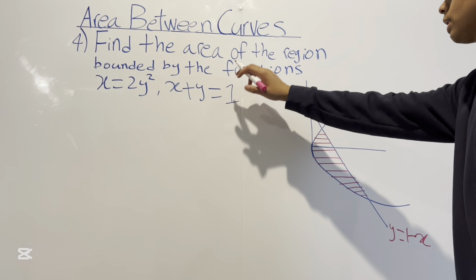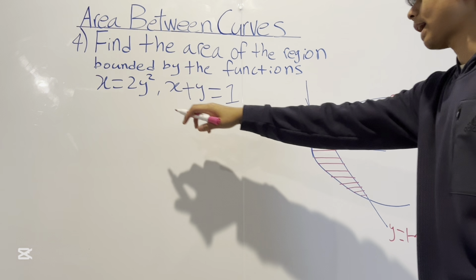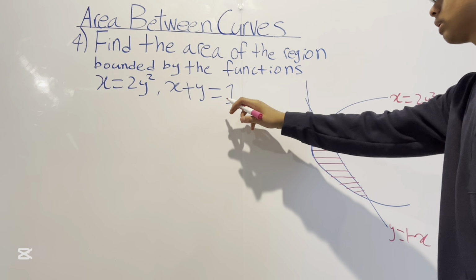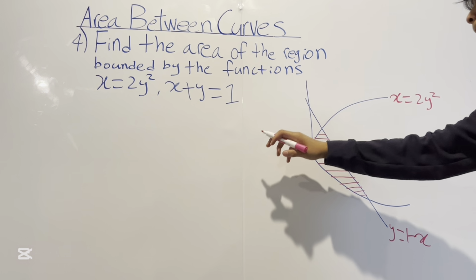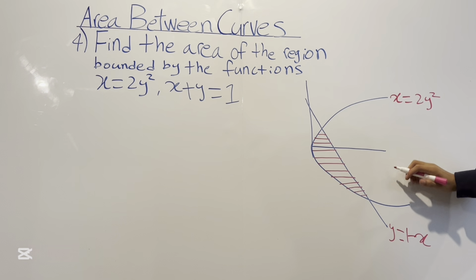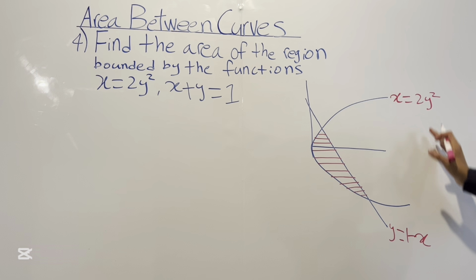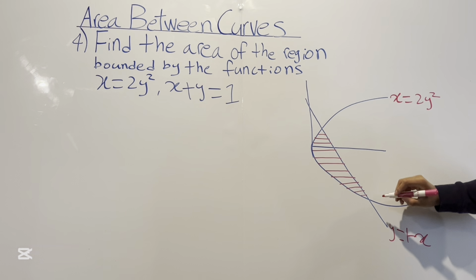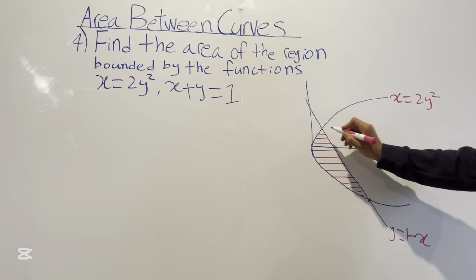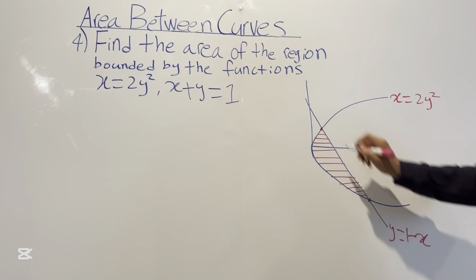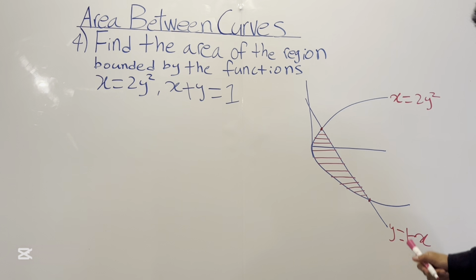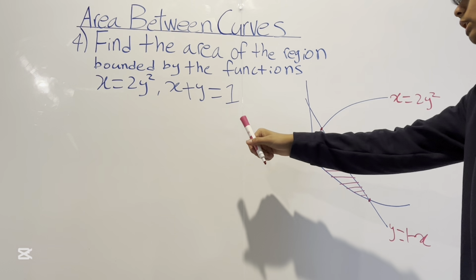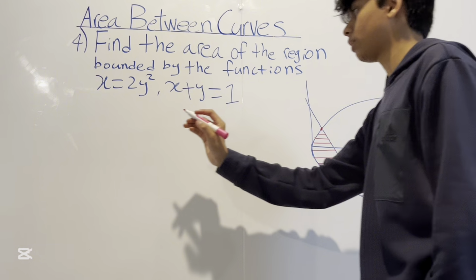Question 4, we have find the area of the region bounded by the functions x equals 2y squared, x plus y equals 1. So again, we're going to have to find using the right curve minus the left curve. So to do that, we need to find this point here, or just the y values of these 2 points. So we're going to set x equals 2y squared, or just 2y squared equal to 1 minus y.